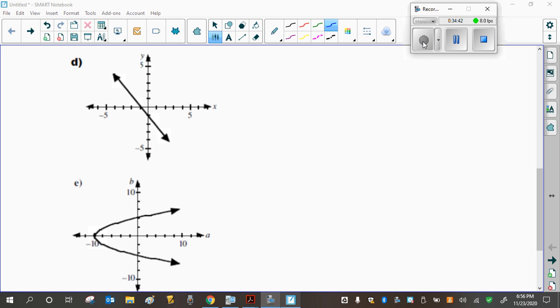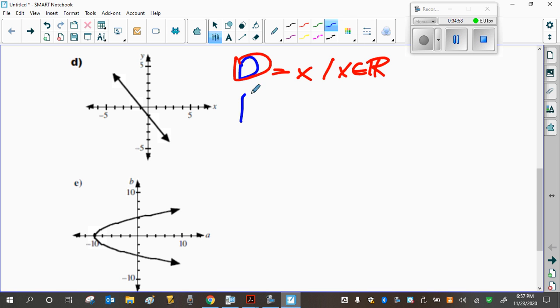The next two, the pen's upside down, that's a new one. Domain equals all the values of x, such that x is an element of all real numbers. And the range, same thing, all the values of y such that y is an element of all real numbers. Why?